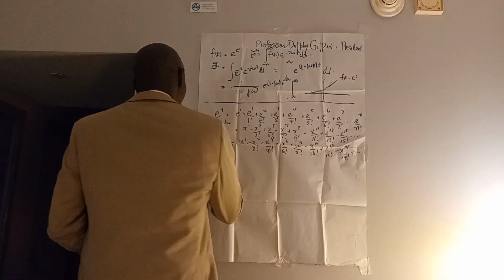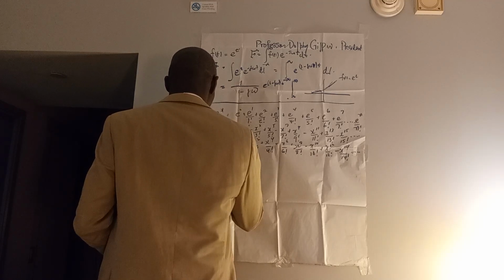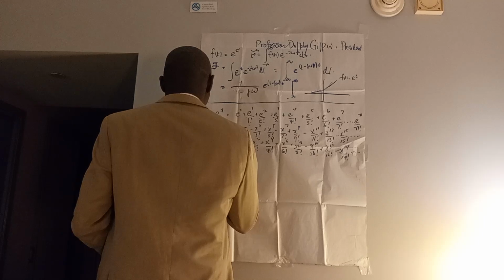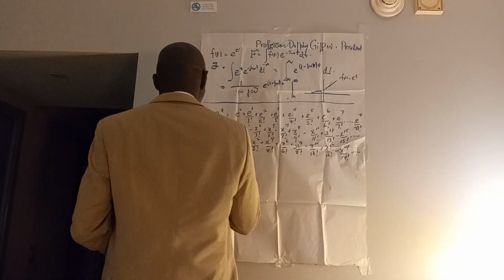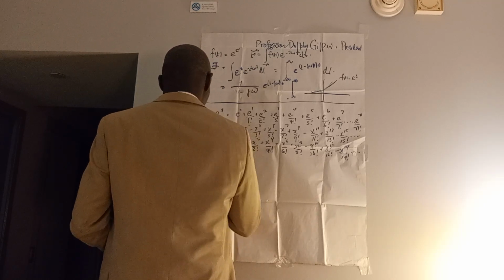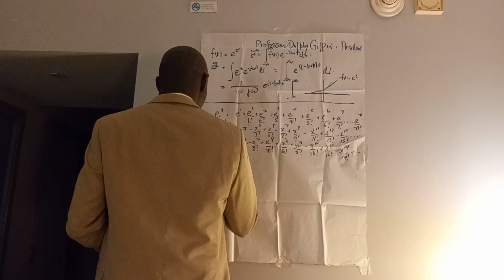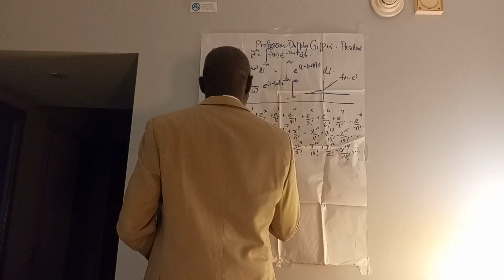We could also do similarly for hyperbolic function sinh x and hyperbolic cosh x. And it's also useful to find the expansion of tan x. We could say tan x is equal to sine x over cosine x.